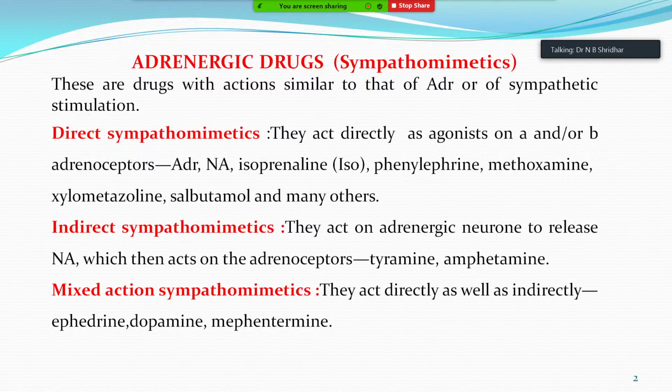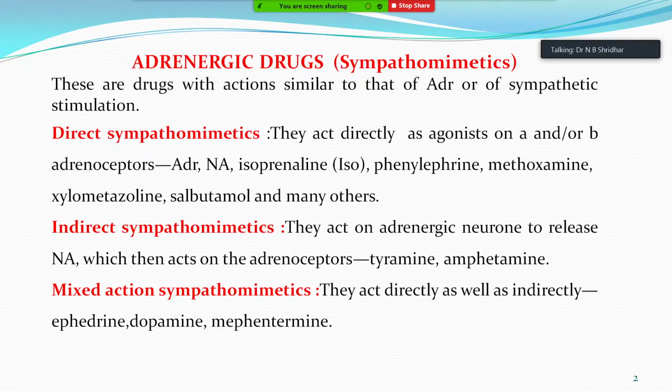Direct acting means they act on the postsynaptic receptors directly, and indirect acting means they release the norepinephrine from the releasing site and make it bind with the receptors. Mixed action means they do both: they act directly on the receptor and also indirectly release the norepinephrine from the nerve ending.